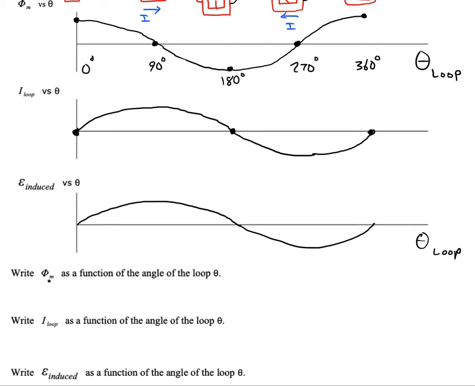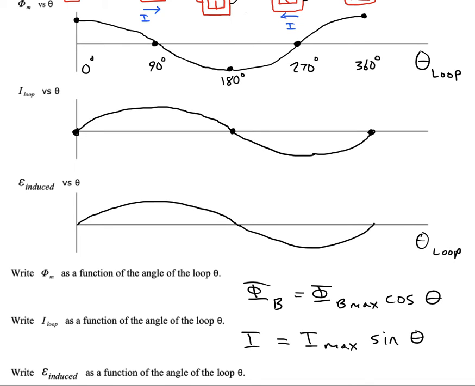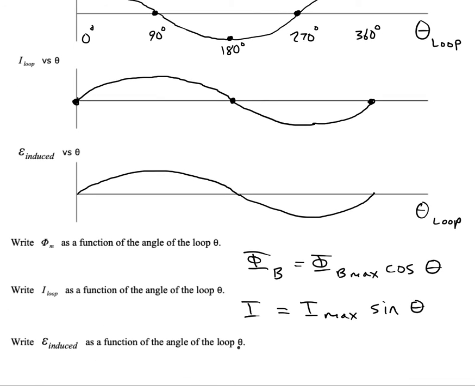A function for the magnetic flux could be written as follows. A function for the current could be written as I equals I max sine theta. And finally, for the EMF that's induced, we can write it as a function of sine.